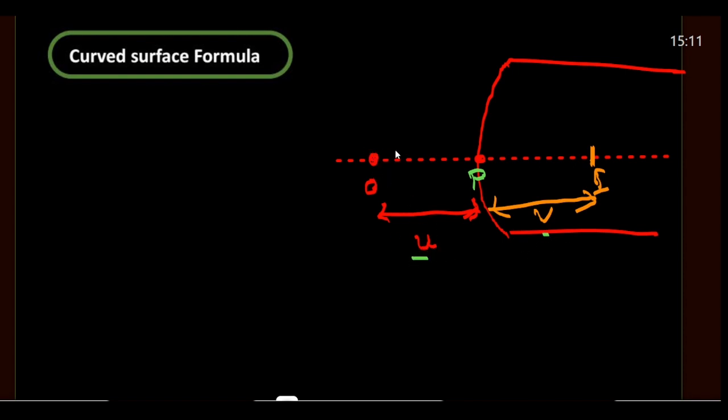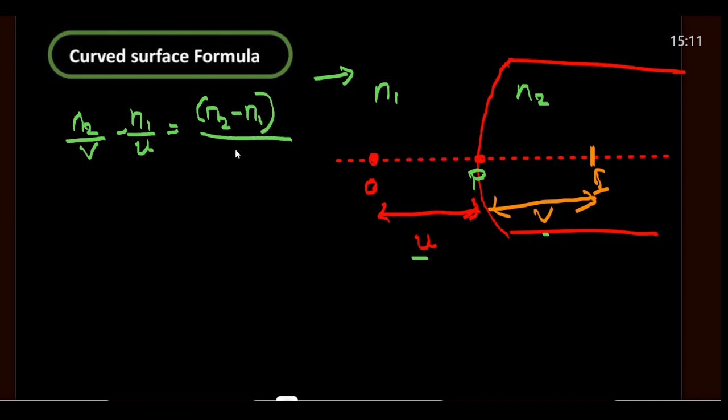Now the refractive index of the first medium is n1, and the second medium's refractive index is n2, when the light ray is going from the first medium to the second. The curved surface formula gives n2 by v minus n1 by u is equal to n2 minus n1 by r.